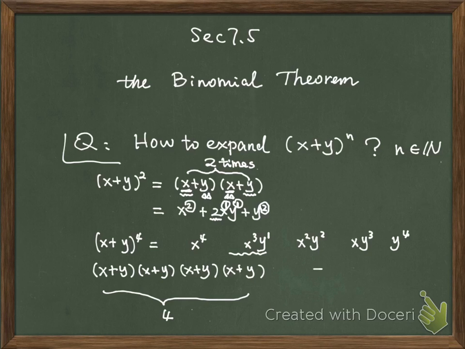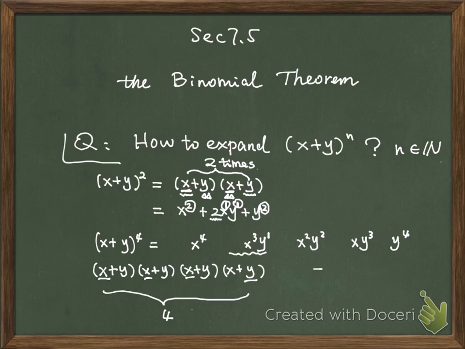For example, if the chosen 3 parentheses are the first three, then we can have this x, this x, this x. These 3 combined with, for the last one, I will just go ahead and pick that y. And when you multiply these out, you will see 1 copy of x cubed times y.